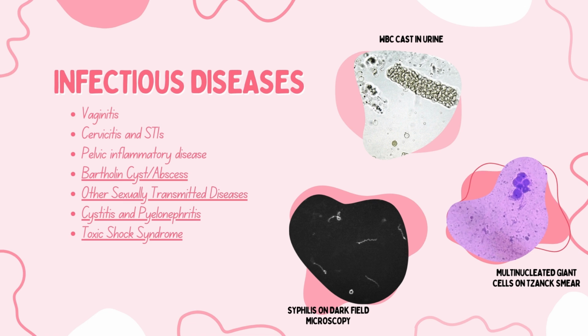So, AIDS is defined as a CD4 count below 200, and that will cause recurrent, severe, and potentially fatal infections, or even opportunistic malignancies. So, these are called AIDS defining conditions.